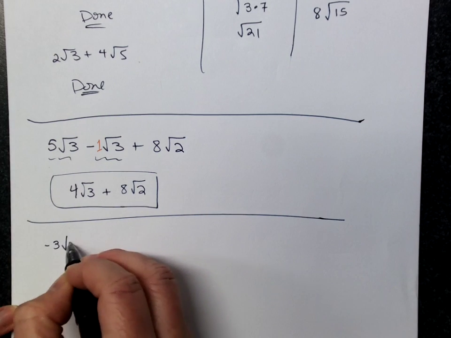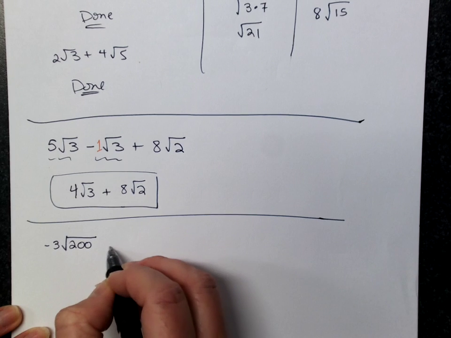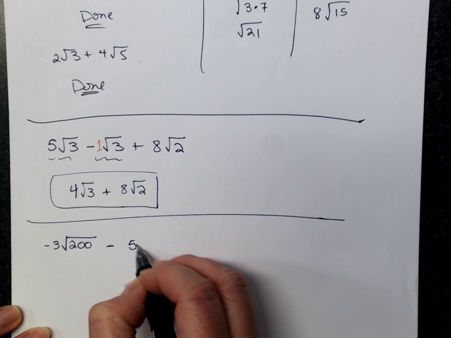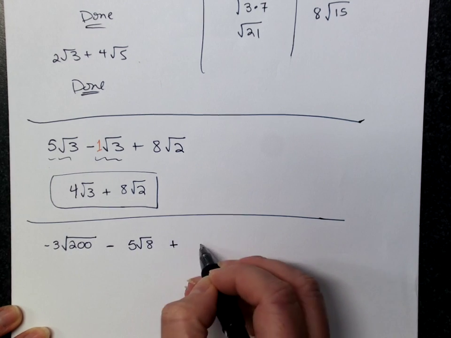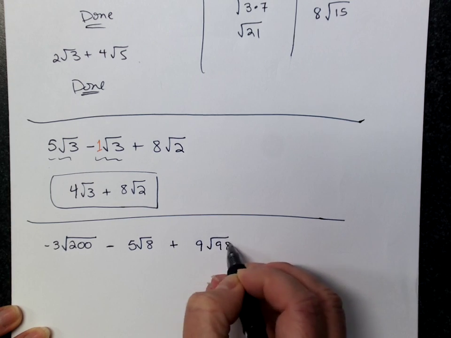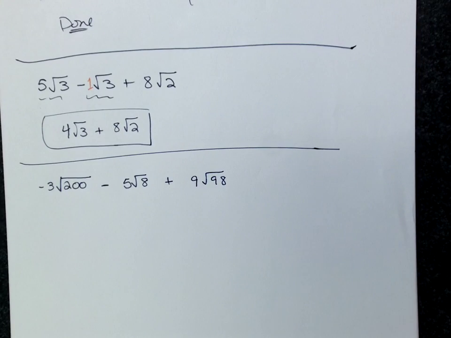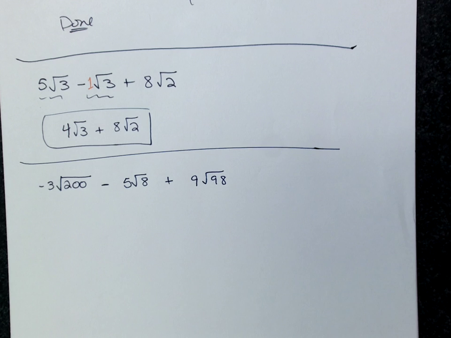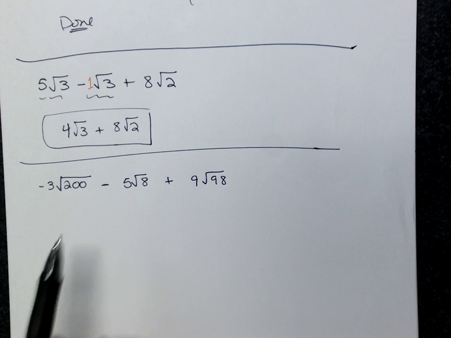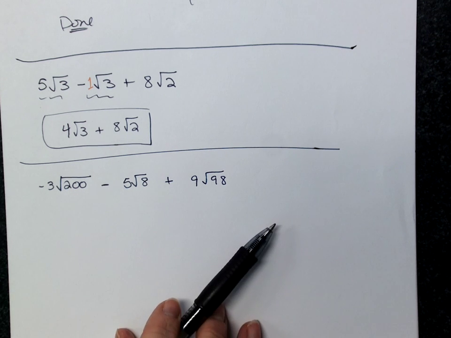Negative 3 square root of 200 minus 5 square root of 8 plus 9 square root of 98. It looks like it at first because those are unlike radicals. They're all square roots, but yeah, they're different radicands. But you can't actually answer the question of whether you have like radicals until all the radicals are totally simplified.